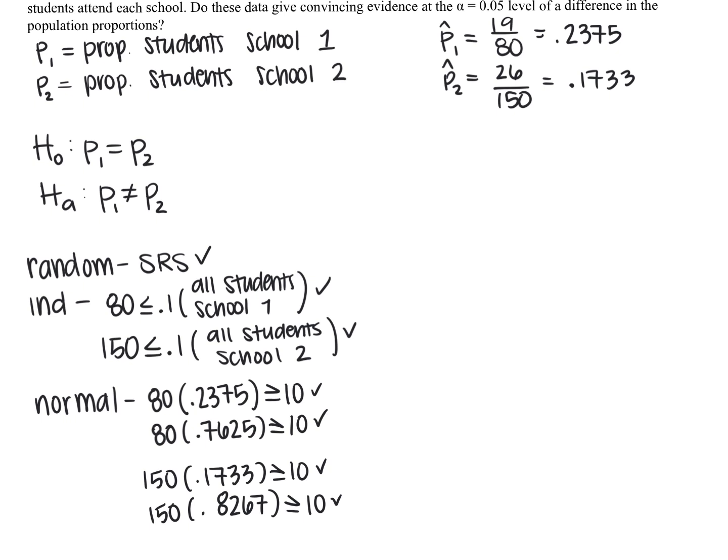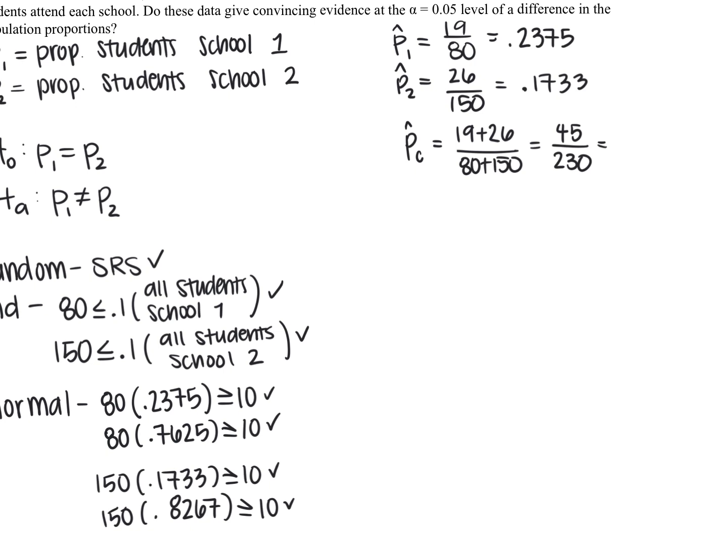So before I go ahead and calculate my test statistic, I need to find my pooled proportion. So I have p1 hat and p2 hat, and now I have to find pc hat. So I have to do 19 plus 26 over 80 plus 150, which gives us 45 over 230, which is a proportion of 0.1957.